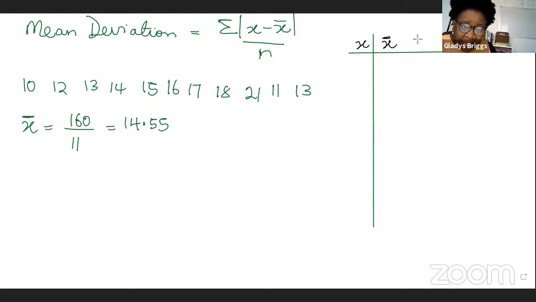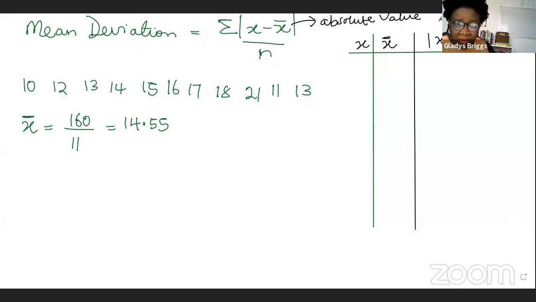By absolute value, I mean that you only take the positive answer, okay? You will see that little line in between here and here. It means that you only take the positive answer of x minus x bar. You don't take the negative, only take the positive, okay?